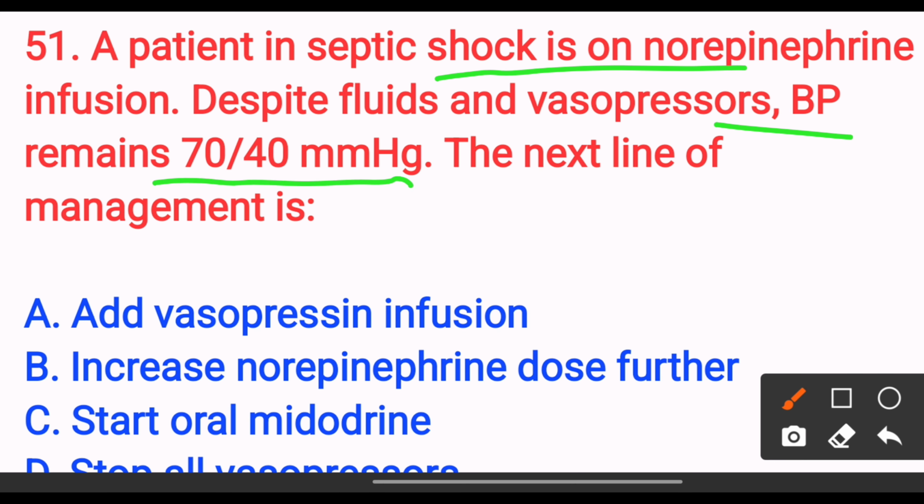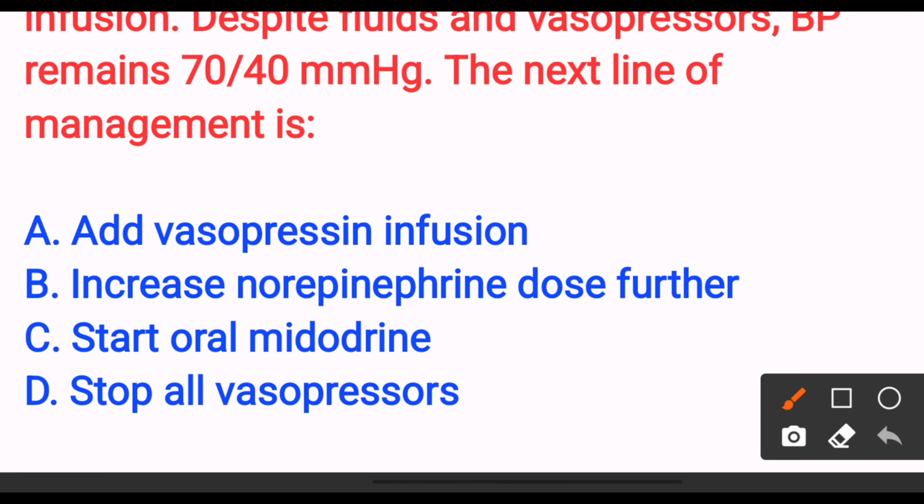The next line of management is: option A, add vasopressin infusion; option B, increase the norepinephrine dose further; option C, start oral midodrine; option D, stop all vasopressors. The answer is option A, add the vasopressin infusion, because in refractory septic shock, vasopressin or epinephrine is added along with norepinephrine to improve the BP.